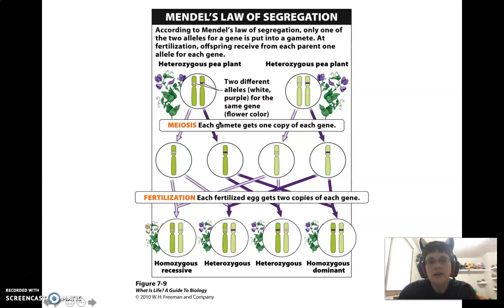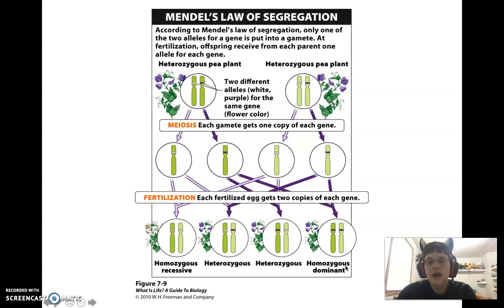We see that each of the gametes gets 1 copy from the parents, just like we saw in Mendel's law, and the offspring get 2 copies, and those 2 copies are going to dictate what they get as far as the characteristic. You can see down here, these have been labeled with homozygous or heterozygous. So the 2 here in the center are heterozygous, just like the parents, 1 copy of each.